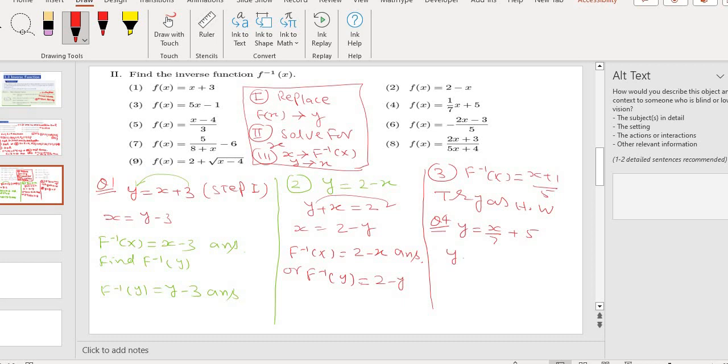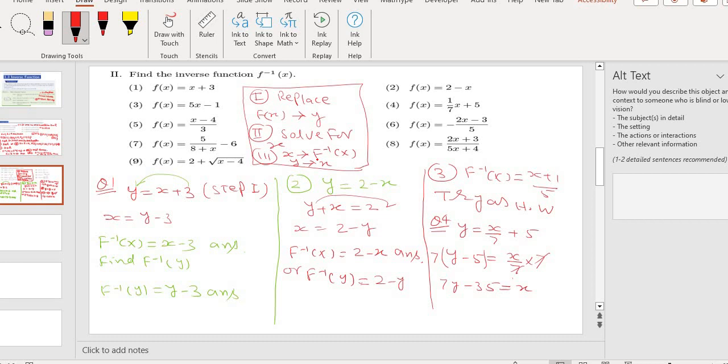So it comes y minus 5 equal to x divided by 7. Now solve for x means just multiply by 7 here and 7 here, so this and this cancel. So 7y minus 35 is equal to x.